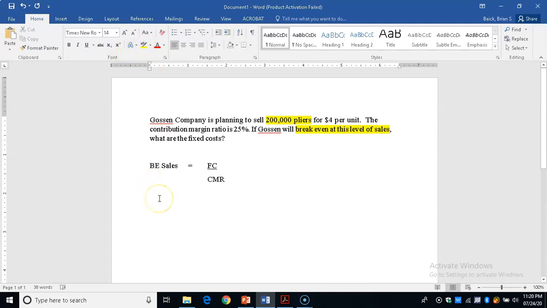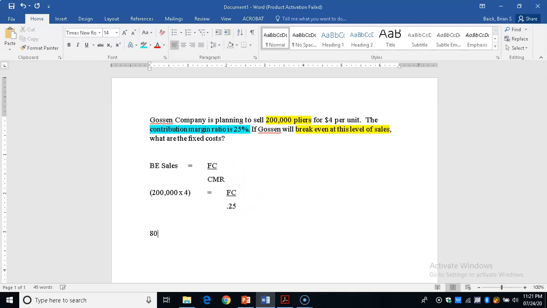So what is the break-even level of sales? 200,000. We want these in dollars, so times $4 per unit, right? And that should equal fixed cost divided by contribution margin ratio. The contribution margin ratio is 25%, so we're just going to put 0.25.